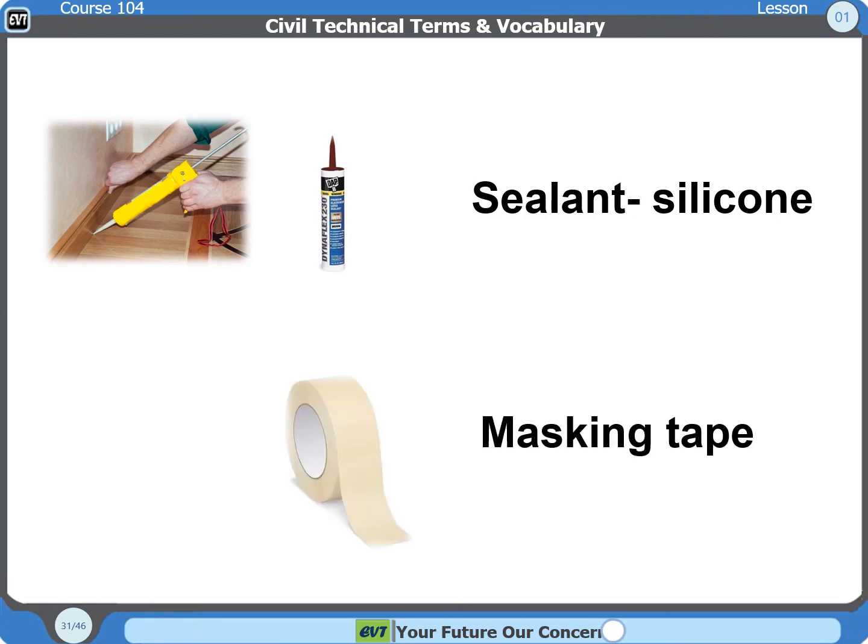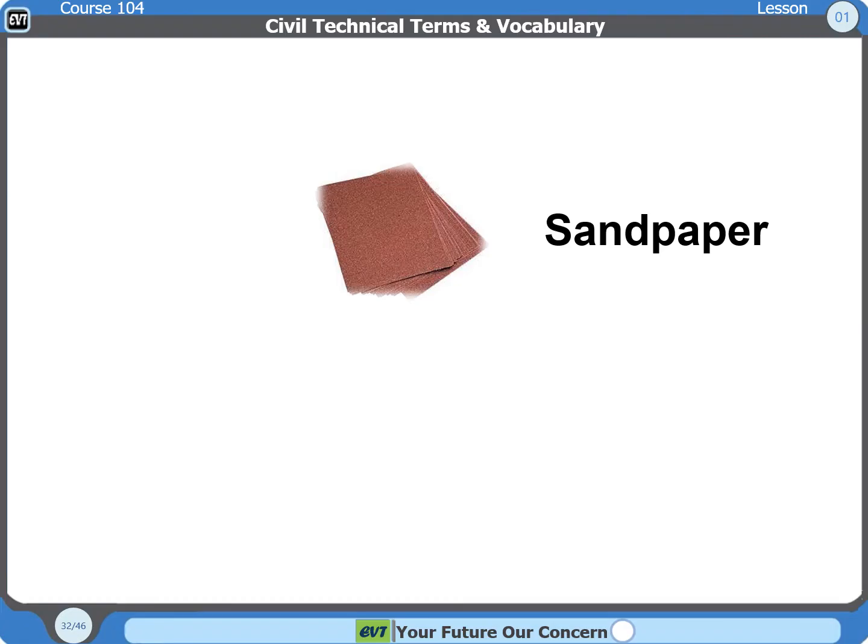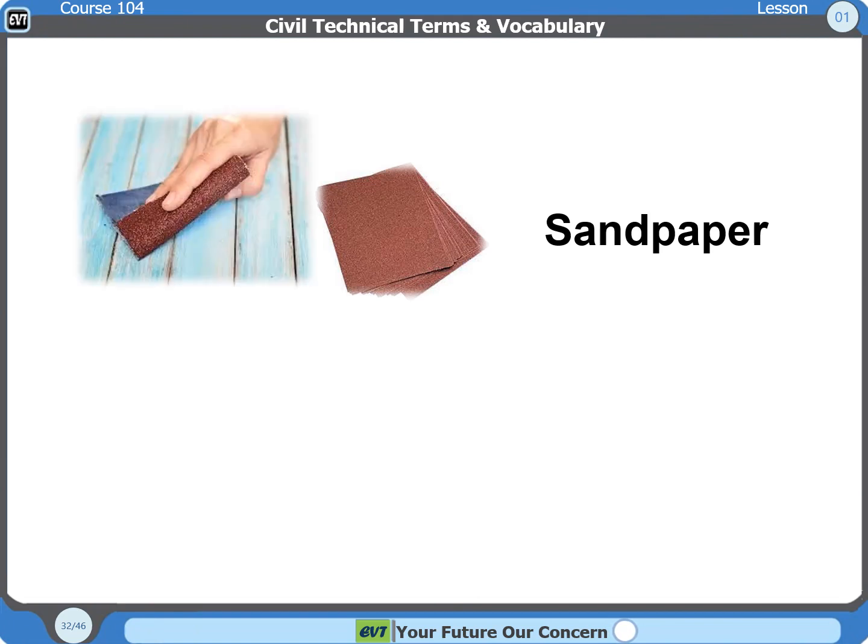We have masking tape used mainly in painting to mask off areas that should not be painted. We have sandpaper used to remove material from surfaces, either to make them smoother, for example in painting and wood finishing.